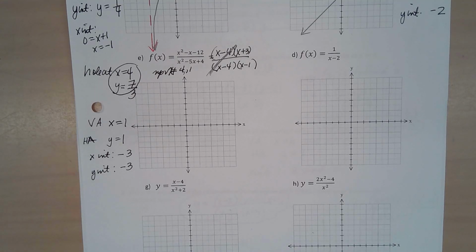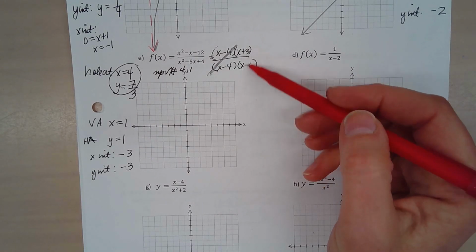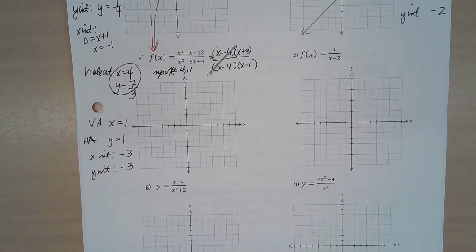So the first thing I'm going to do is I'm going to sketch my asymptotes, because for one of these, it looks like it's kind of more of a traditional one. I'm probably going to get some wings out of here. The ones that you get with wings on them, your graphs will never cross the asymptotes.